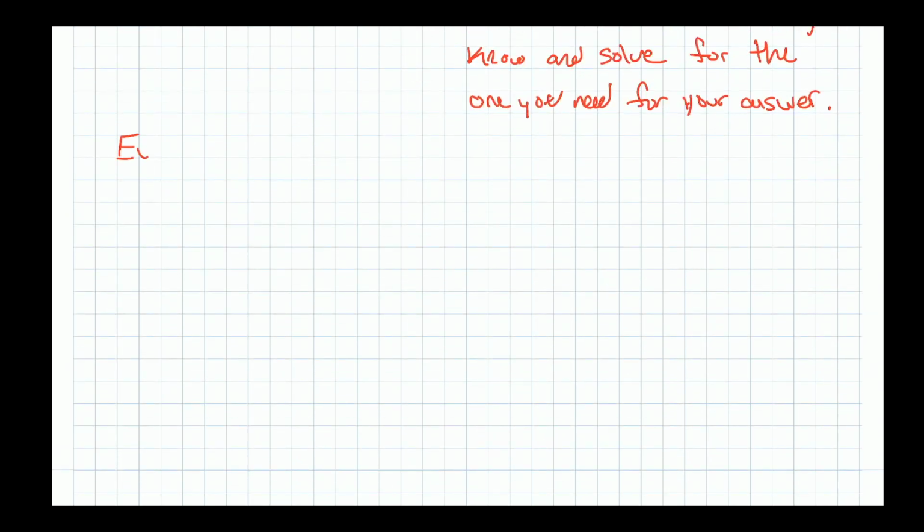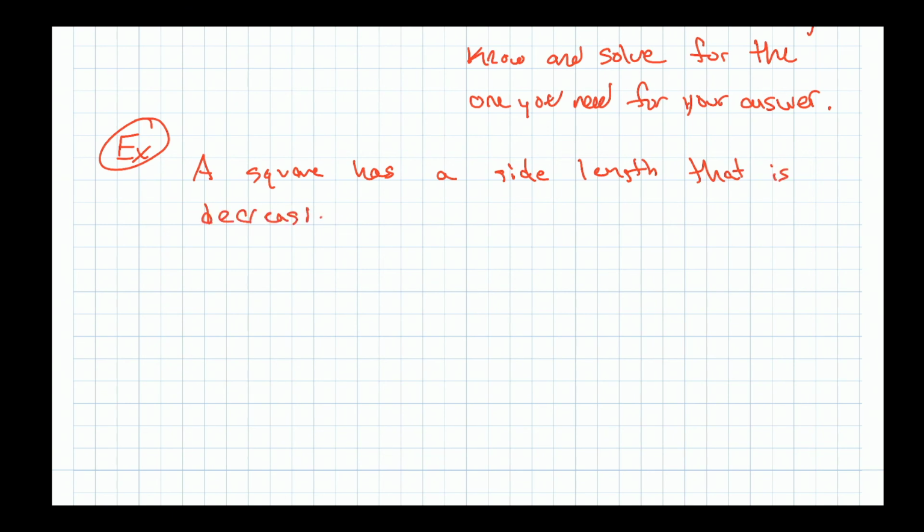Let's see if we can do one. Okay, so here's a very basic one. A square has a side length that is decreasing at a rate of 8 cm per second.